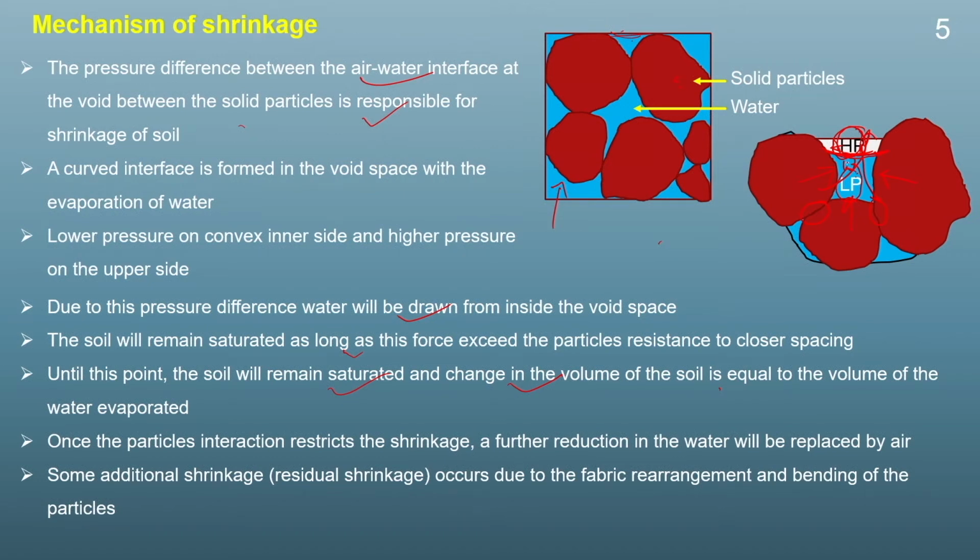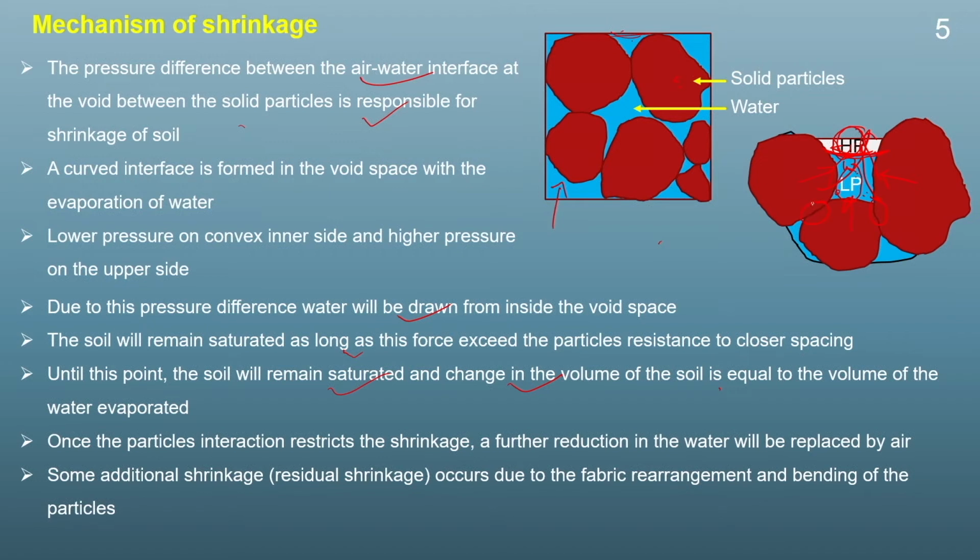So, as we have seen, due to this pressure difference between the outer and inner portion, the water will try to come out from this void space. As the water tries to come out from inside this void space, it will also try to bring the solid particles together.